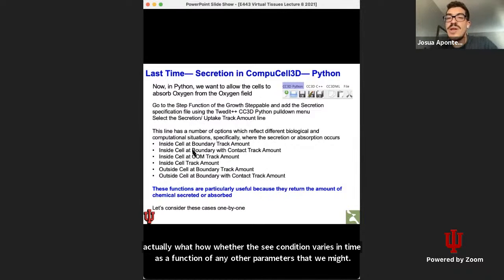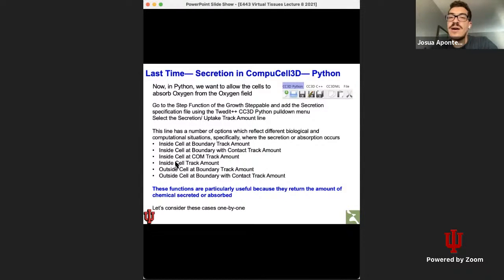We have different options as to how we want secretion to be implemented.